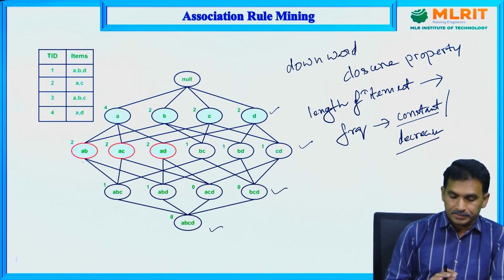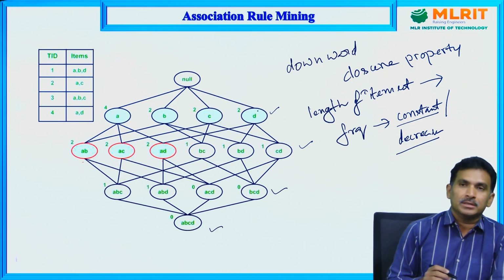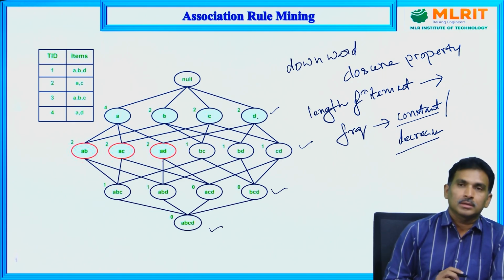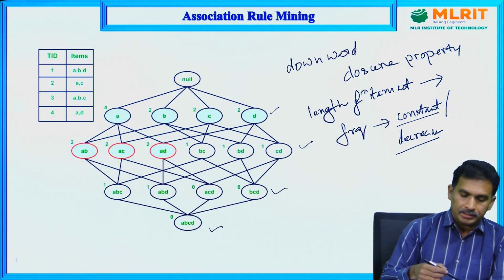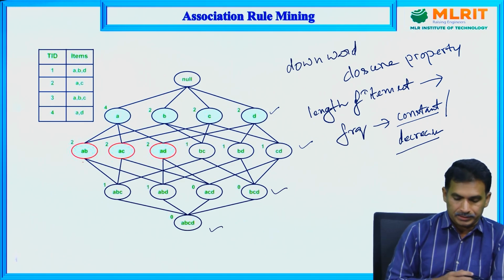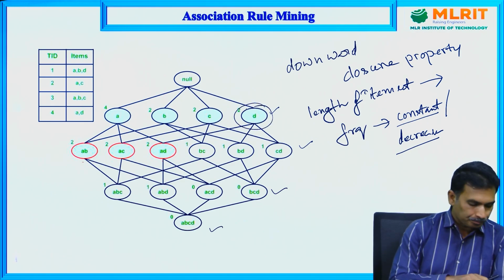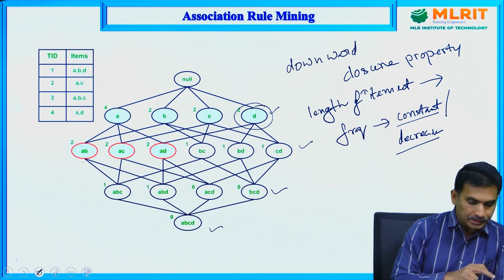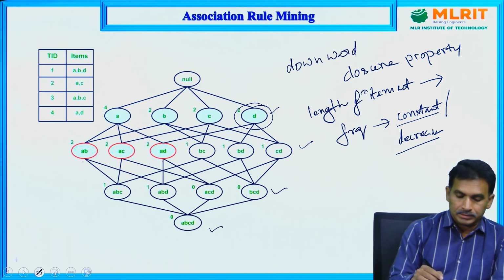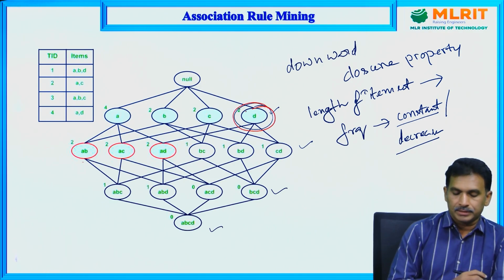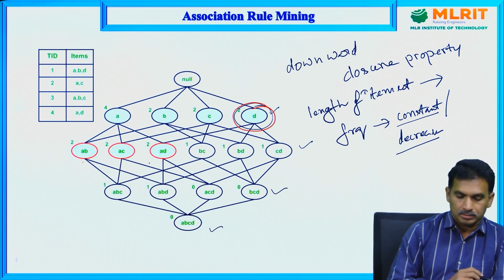Because of that, if an item set is not frequent, then its supersets need not be checked.